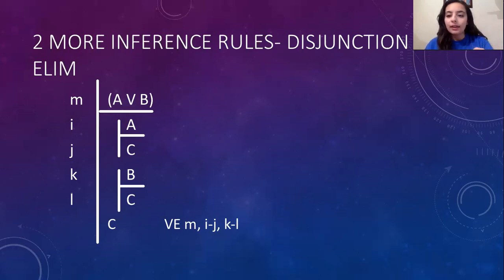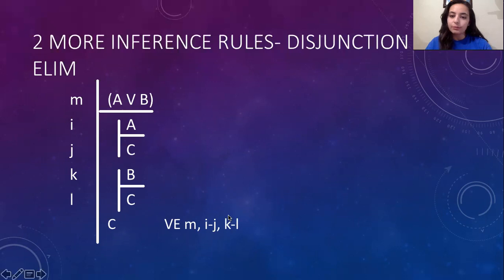You do A, the first part of your disjunction, and get to C, the very thing you're trying to prove. But you're not done. You also have to do it from B, and then you get to C. Then you exit the subproof, and you've proved C through disjunction elimination using line M, which is the disjunction itself, and then the two subproofs, which are I through J and K through L.